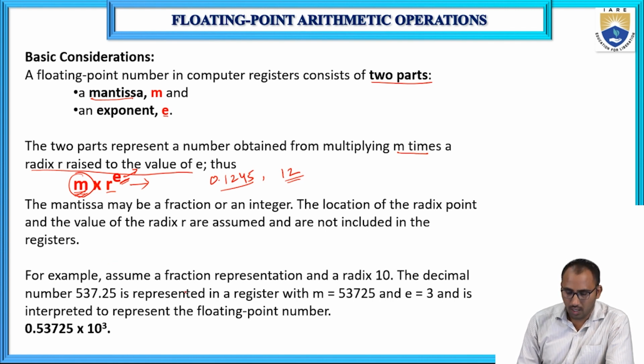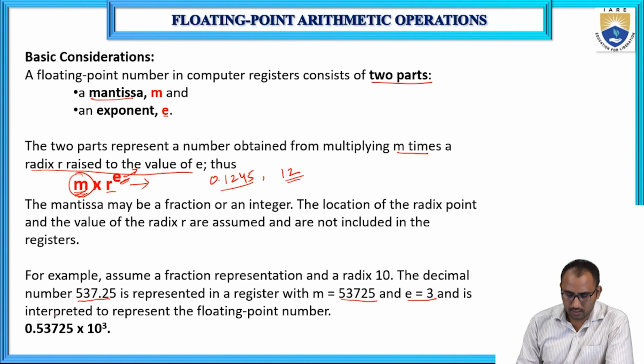For example, assume a fraction representation under radix 10. The decimal number 537.25 is represented in a register with the mantissa 53725 and exponent equal to 3.